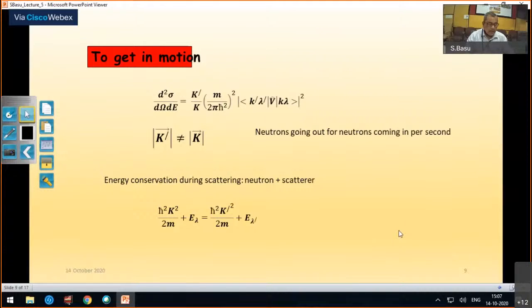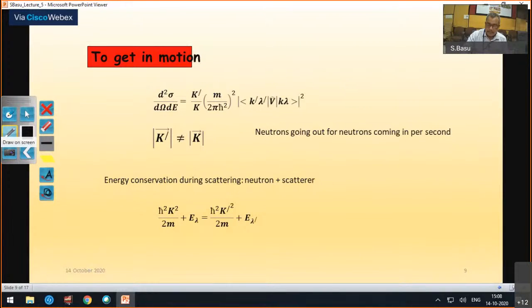So if you remember, I'll write d2 sigma d omega dE in terms of this factor, which tells me that the neutron from initial state k and the system in its energy lambda.